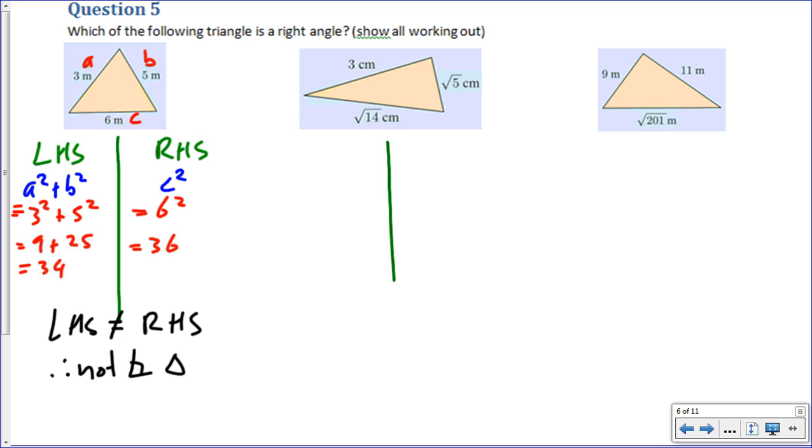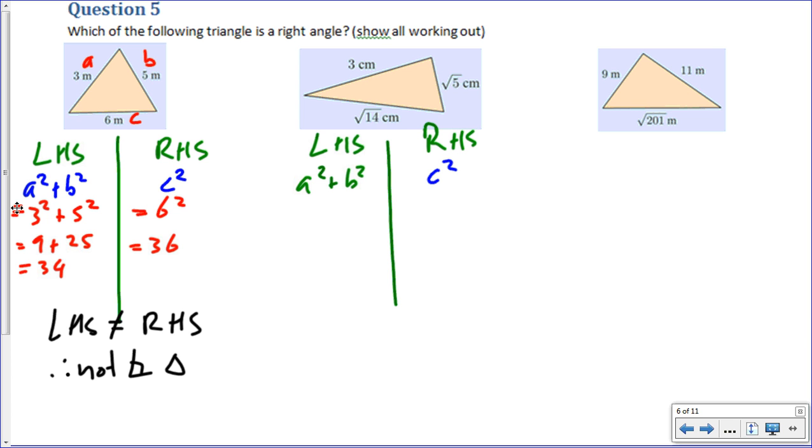Next one, left-hand side, right-hand side. So again, left-hand side is a squared plus b squared, and right-hand side is c squared. So look at our triangle and work out which is the longest length.